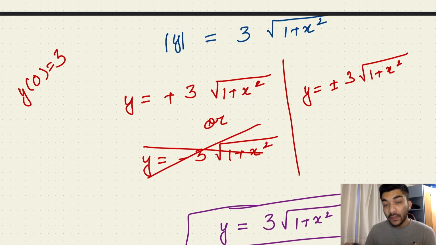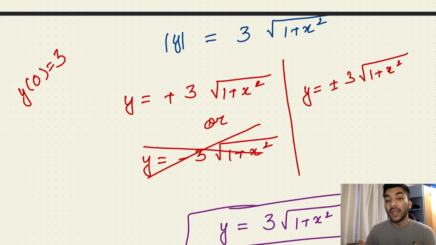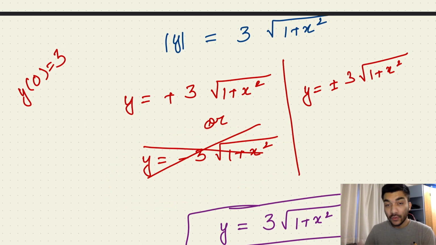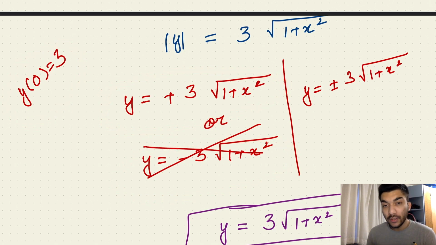But in the solution to differential equations, you'll have to check with the initial value, because you'll get only one solution to your differential equation in this case. So it will either be the plus one or the minus one. So for example, in this case, if your y of 0 was minus 3, then you would have chosen this equation rather than this equation over here.